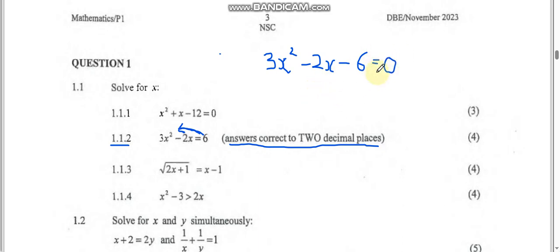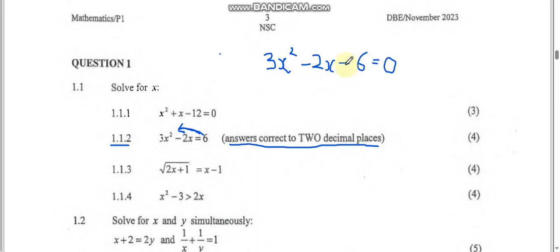What we are left with on this side is 0. Now we have formed a trinomial, and we can try to factorize this.